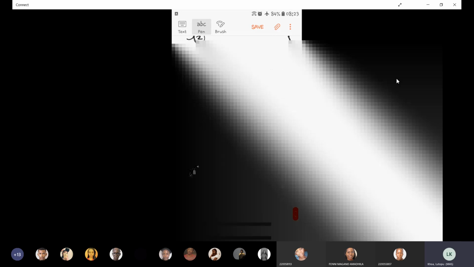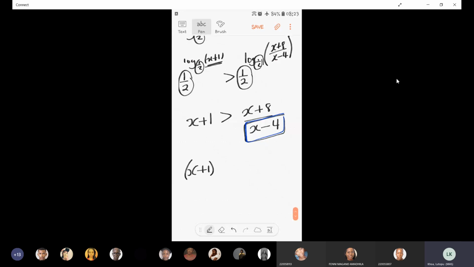So here I have x plus 1. This is x minus 4. This is greater than x plus 8. So here you can see you'll end up with a quadratic inequality that you should solve. You multiply out the brackets, so you'll have x squared minus 4x. So remember how we do it, like that. Then plus x minus 4.